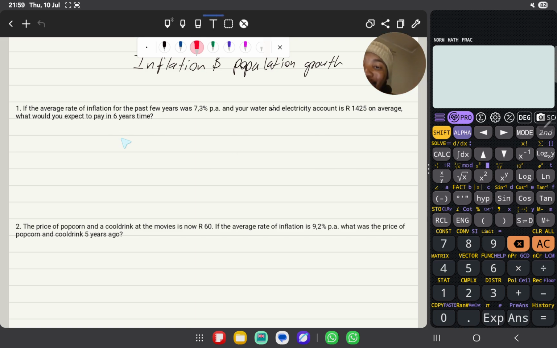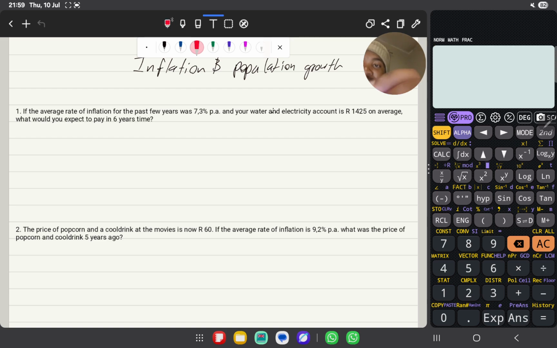So the formula is A equals P(1 plus i) to the power of n.